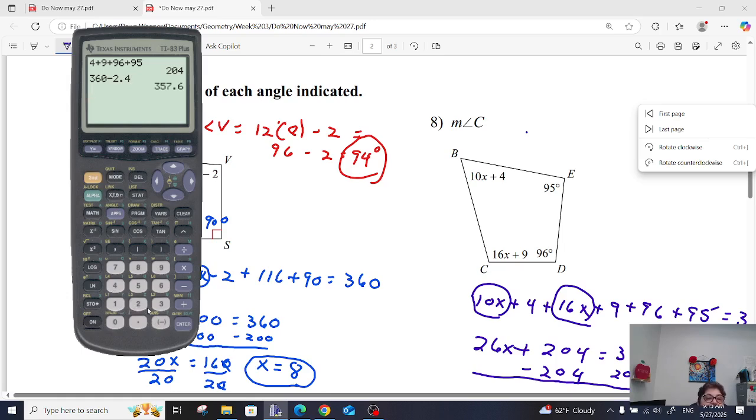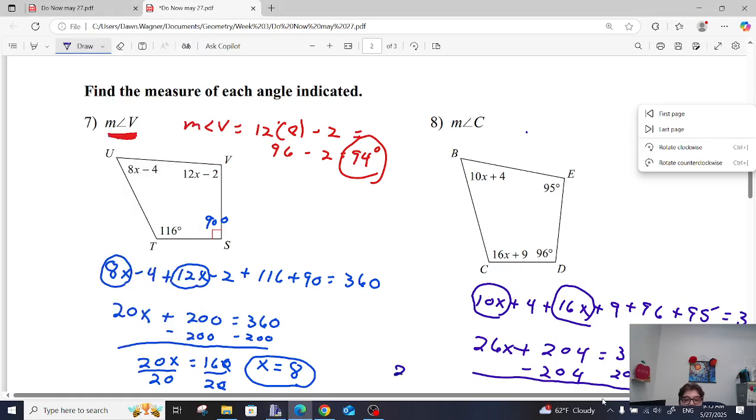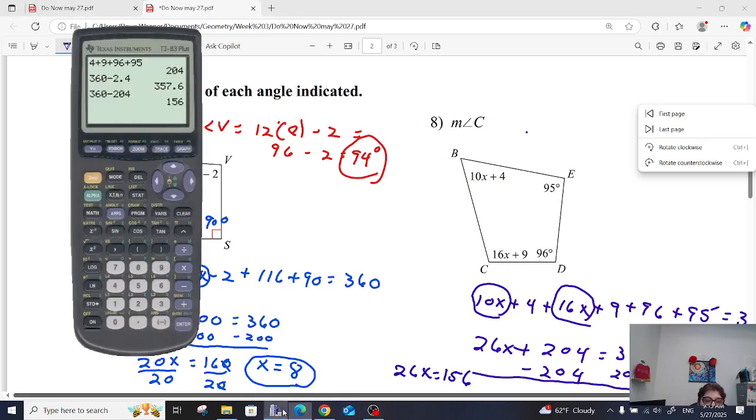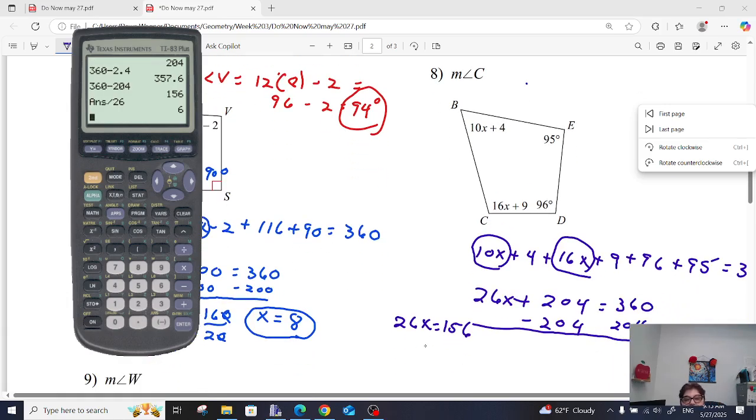I lost my point. Sorry, I was distracted there. 360 minus 204 is 156. So 26x equals 156. And now I'm going to divide 156 by 26. And when I do that, I get x is equal to 6.